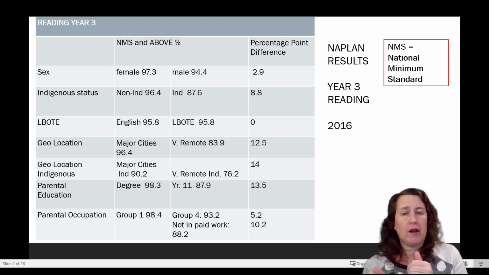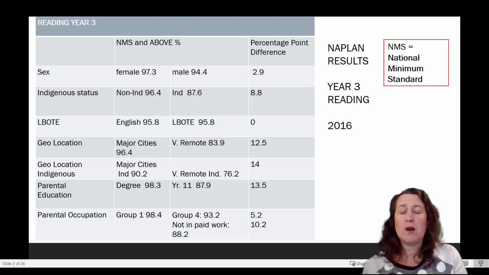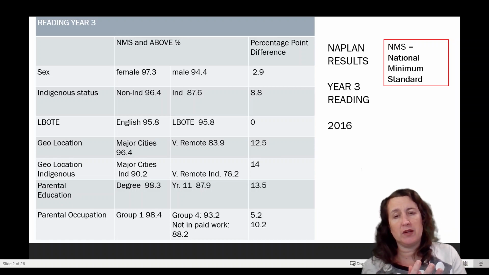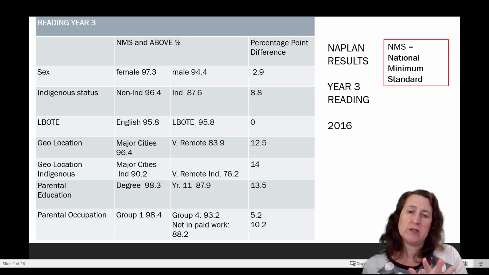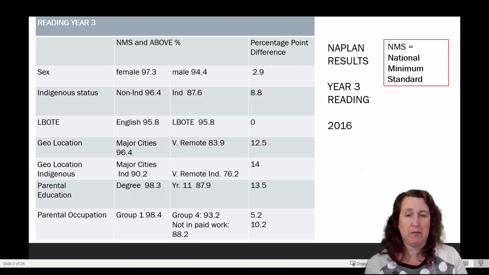And when we look at parental occupation, not just the education, we can see that result very clearly as well. So parents in group 1, which is professionals, that is university educated people, and teachers sit in this group, 98.4% of those students are meeting the national minimum standards or above, whereas students whose parents are in group 4, which is more semi-skilled or unskilled labour, 93.2% of students are at or above the minimum standards, versus 88.2% of students whose parents are not in paid work.